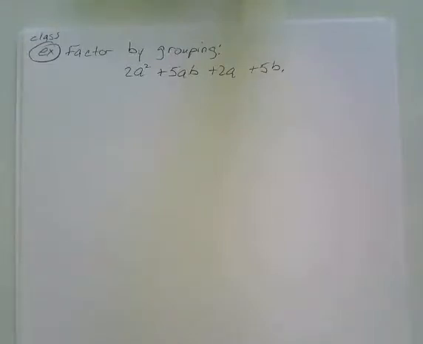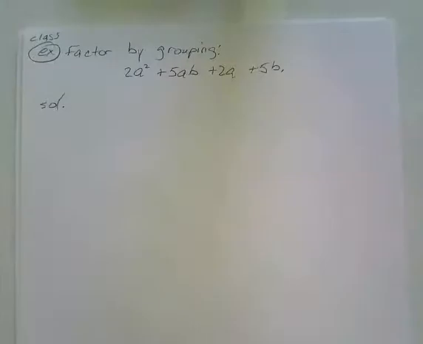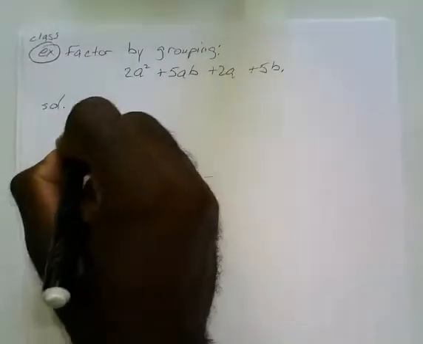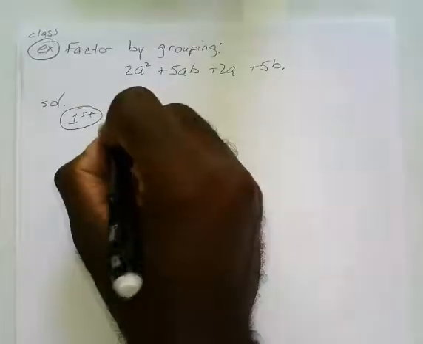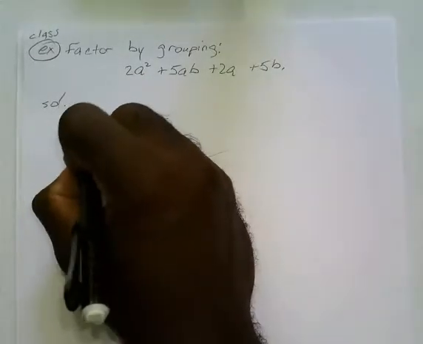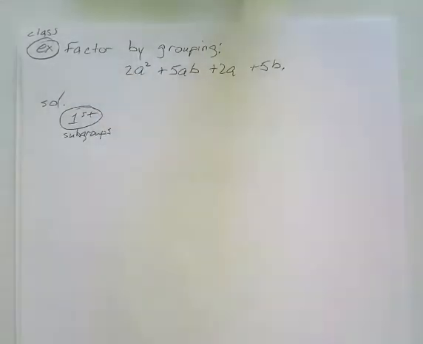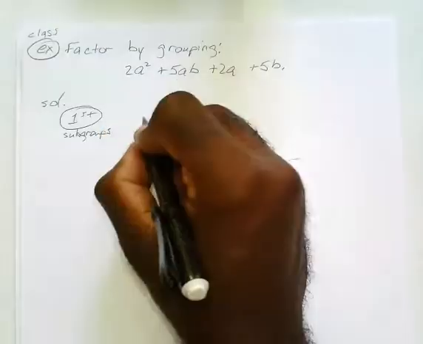Okay, so I'm assuming you've pressed pause, you've worked this one out. So now we're just going to verify your answer. Okay, so for your first step, remember you just have to make your subgroups. So I'm just going to go ahead and rewrite it.